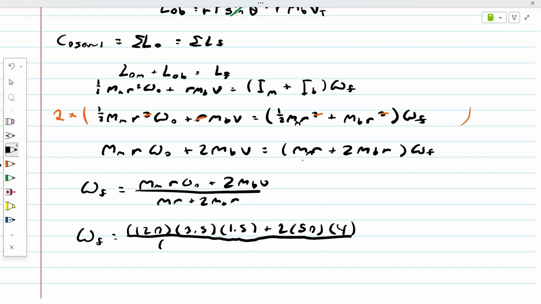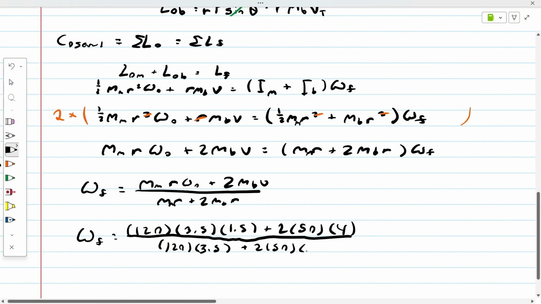So when we're dealing with these different masses and velocities, we have to make sure that we keep all the subscripts so that we don't accidentally put in the wrong mass when we're calculating our final answers. Okay, and so now if we plug all this in, we get that the final angular velocity is 1.34 radians per second.